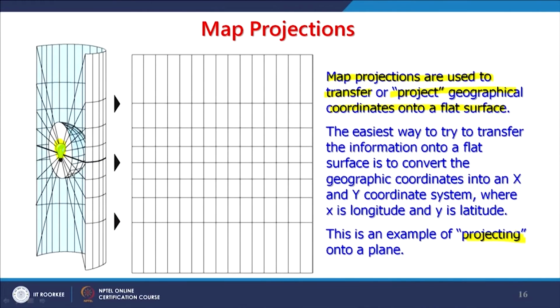Most of the time when we handle the data, we display it in geographic coordinates. At that time it is not projected, but whenever you go for calculations or estimations of distance, perimeter or area, it is better to project the data onto a plane and then do those measurements; you would get the correct results.